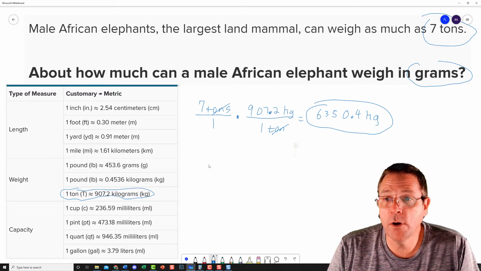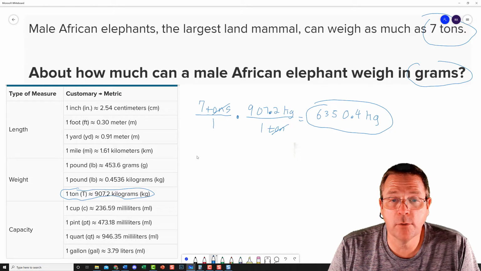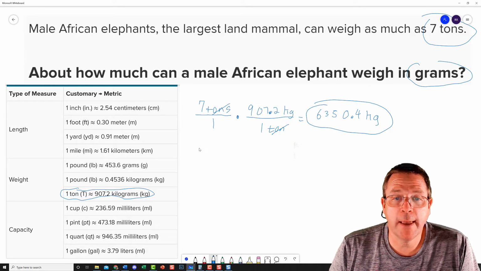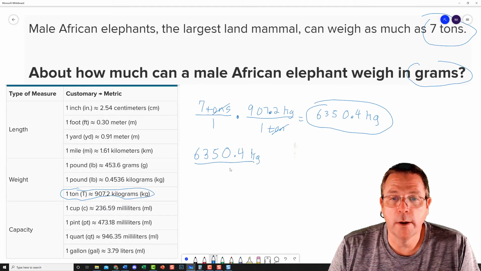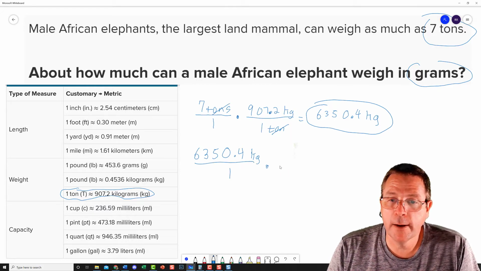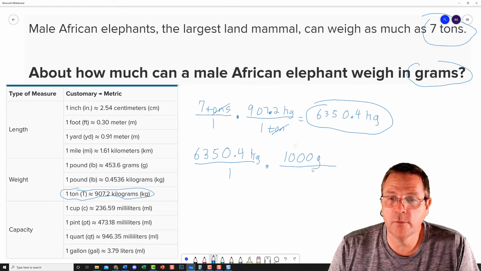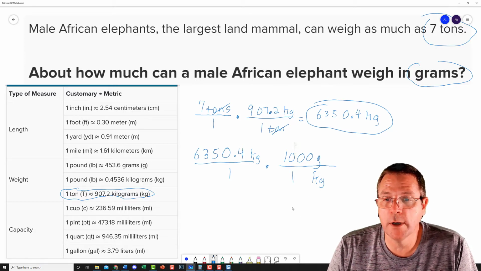Now we want to know grams though, not kilograms. So we're going to take that number and start it off with a new dimensional analysis problem, 6,350.4 kilograms over 1. We're going to multiply that where we know that there is 1,000 grams in 1 kilogram, and that is a conversion you should already know.